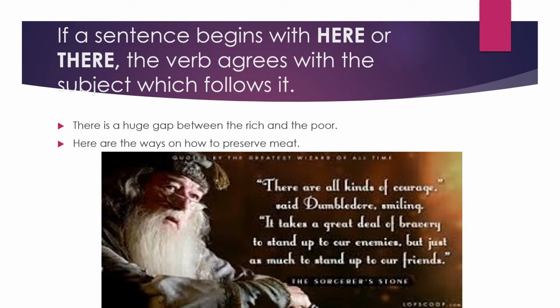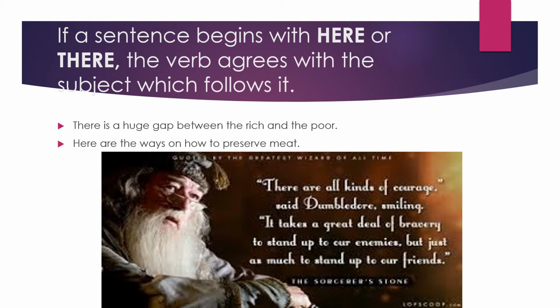The next rule says that if a sentence begins with here or there, the verb agrees with the subject which follows it. What does this mean? You will have words like here and there in the sentence. The moment your sentence begins with either of the two words, the verb will agree with the subject that follows. There is a huge gap between the rich and the poor.